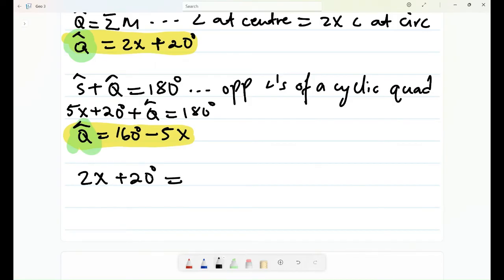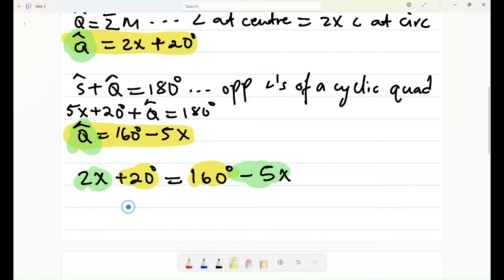I'm not saying 2x plus 20. I'm saying 2x plus 20 degrees. It is equal to what? 160 degrees minus what? 5x. So now I can do my mathematical gymnastics, take the variables to the left hand side, the constant to the other side, because I can see this is 2x, this is 5x, and I can also see that this is a number and this is a number.